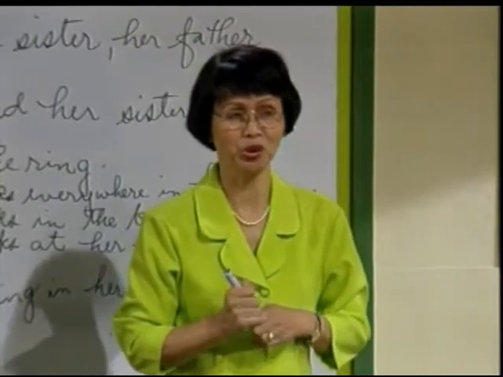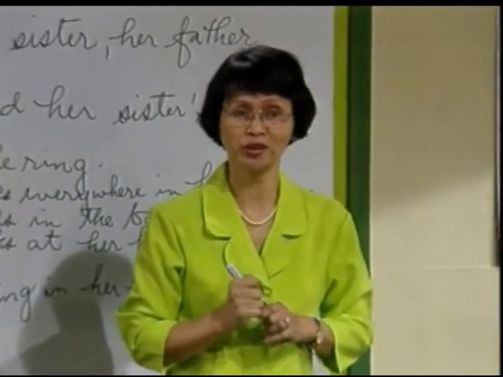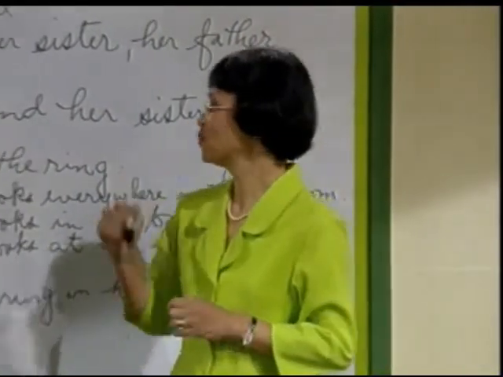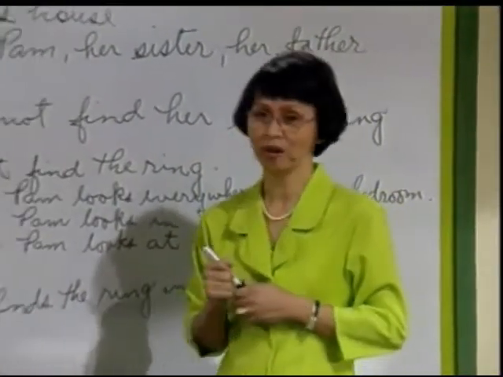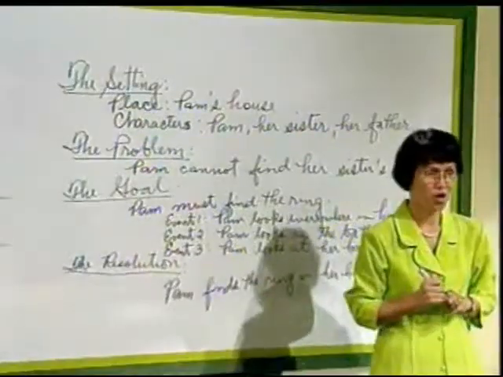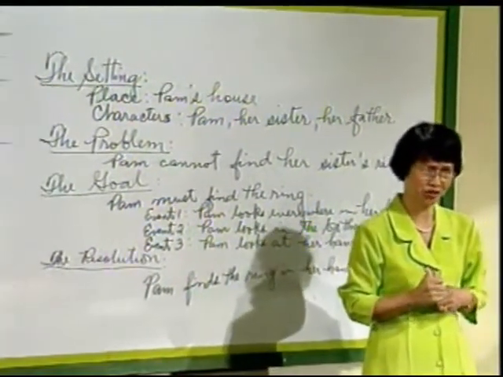Always remember that when you read a story, you try to identify the story parts: the setting, the problem, the goal, and the resolution. Knowing them will help you understand the story. Once the student gets familiar with the parts of a story, this reader will enhance his or her comprehension in reading a story. He or she identifies the parts.